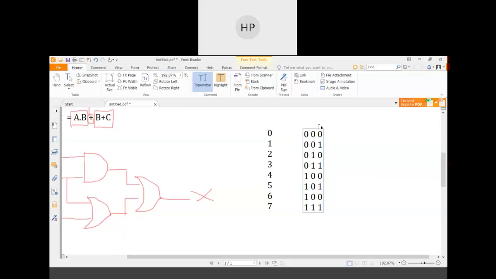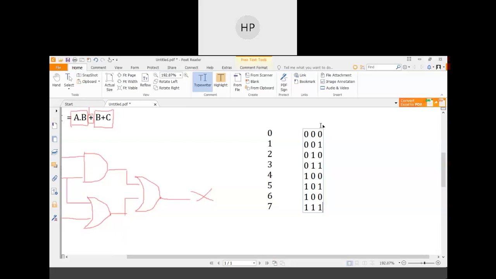Right hand side column. Sir, can't hear you because there is noise coming. You need to answer. Is it clear?